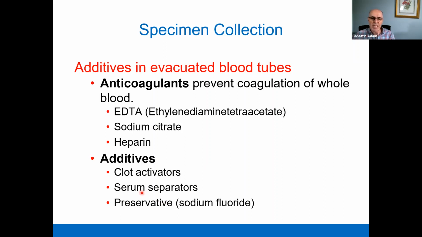Some test tubes already include separators, and preservatives such as sodium fluoride, which inhibits glycolysis in the whole blood in order to prevent glucose from being oxidized. And in some cases we use the tubes which include sodium fluoride.